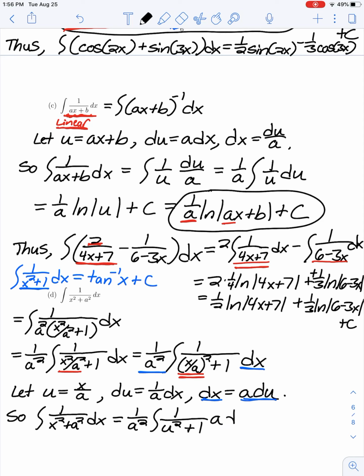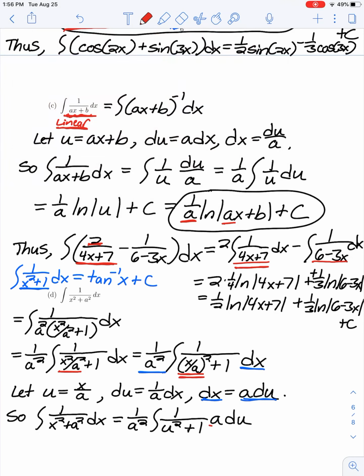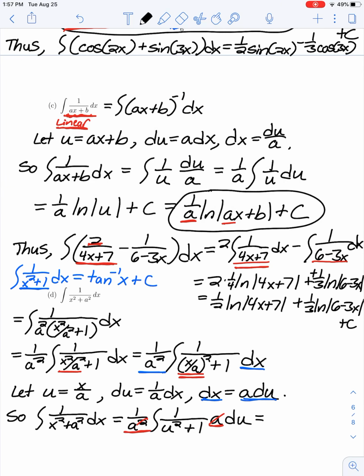So taking a times du, now I can simplify a little bit. I have a constant factor of a, which when I bring out in front of my integral and multiply by 1 over a squared, I can cancel one factor of a, and I'm left with 1 over a times the integral of 1 over u squared plus 1 du.